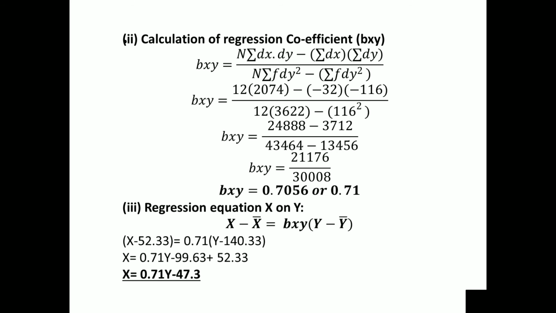When we substitute all the required values in the formula and simplify, the bxy value will be 0.71. So this is the value of the regression coefficient x on y. When we substitute bxy, x bar and y bar values into the equation, the equation will be x is equal to 0.71 y minus 47.3.